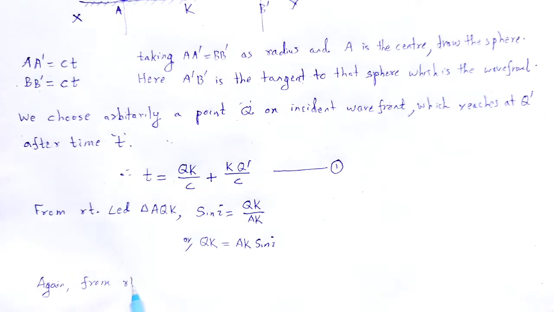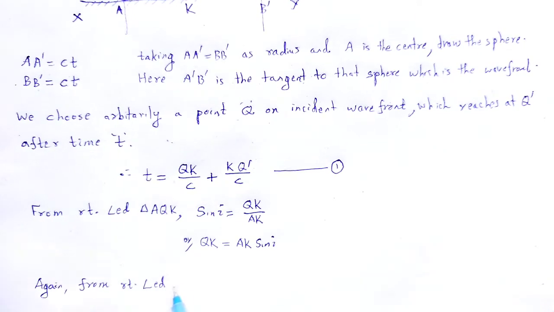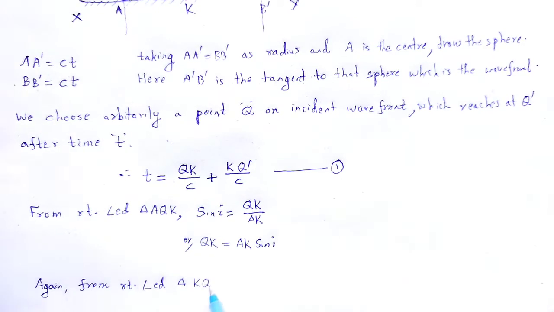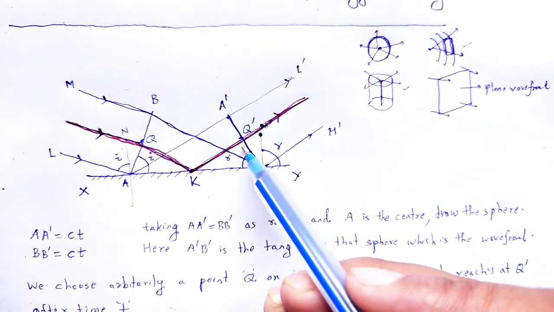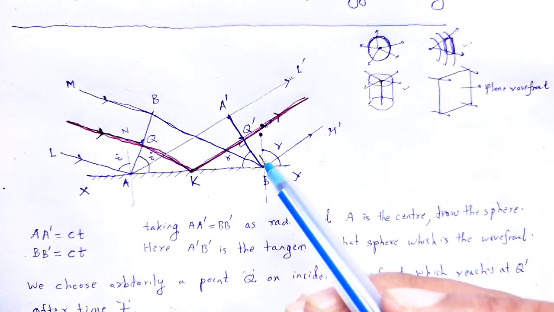From right angle triangle KQ'B', that is 90 degrees.